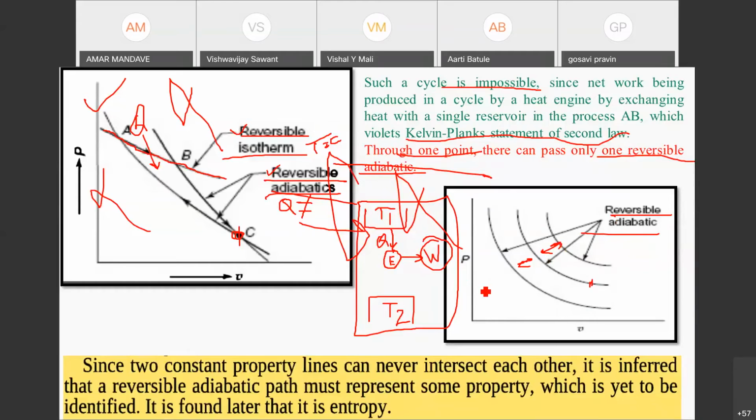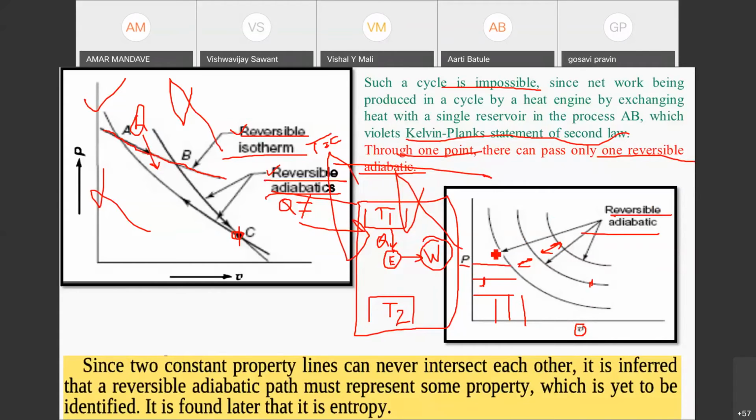As I previously explained, constant pressure lines are parallel to each other, and constant volume lines are also parallel to each other. Now the reversible adiabatic lines are parallel to each other too. Pressure is a property of a system, and volume is also a property of a system, so those parallel lines denote some property of a system.